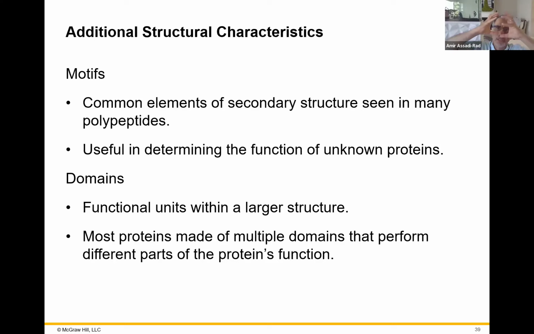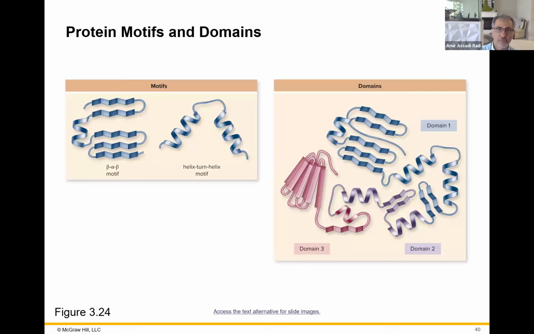You have a huge molecule, but only a little bit of it right here is functional. That's what they call a domain. And most proteins are made up of multiple domains that perform different parts of the protein's function. So anyhow, I hope you know the difference between a motif, useful in determining the function of an unknown protein, and a domain.